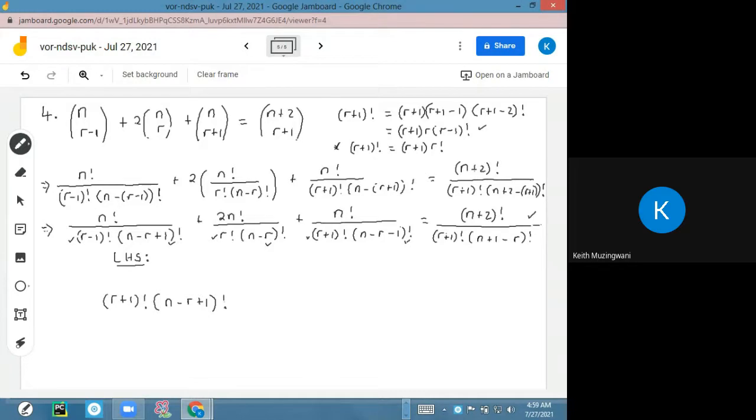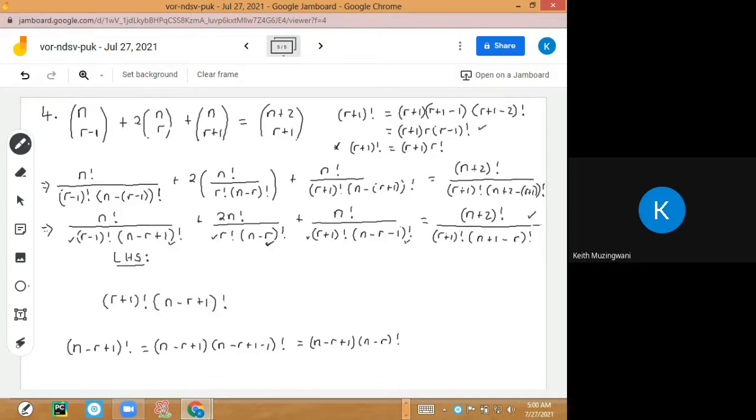We can write it as n minus r plus 1 multiplied by n minus r plus 1 minus 1 factorial, but this is the same as n minus r plus 1 multiplied by n minus r factorial, so that it can take care of itself and this part.